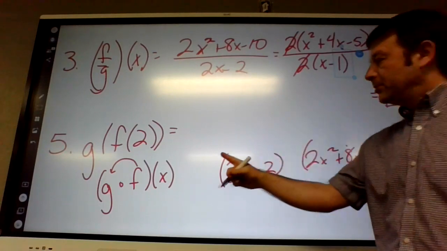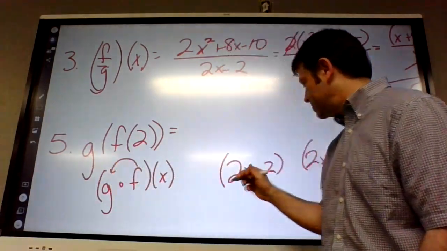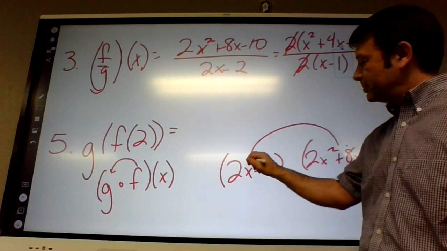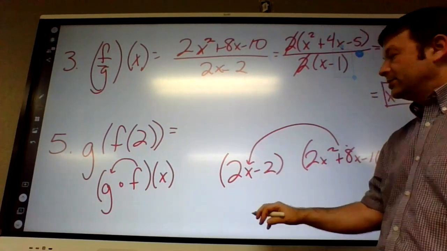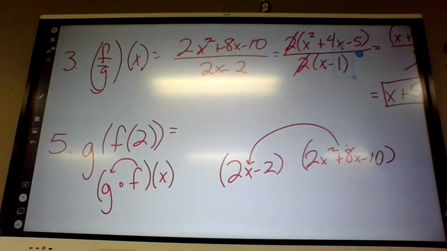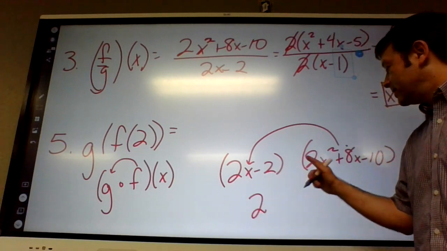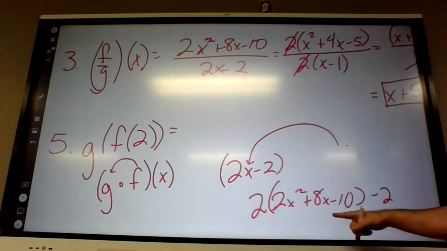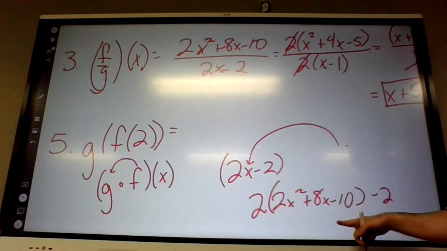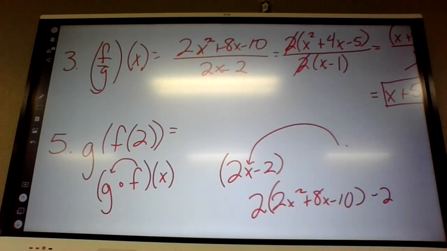You pick up the f function and put it into g, and you replace the x. And then you have to simplify it a little bit. It's not a lot of work. You have to do 2 times all this stuff, and then minus 2, and simplify that a little bit.